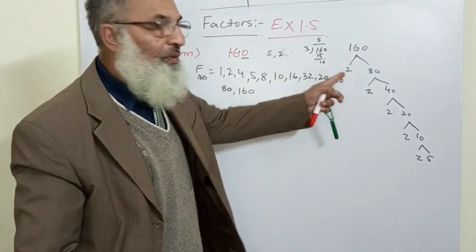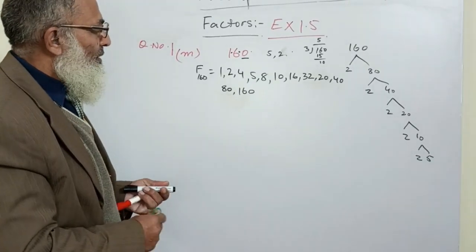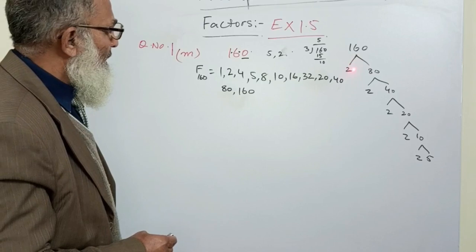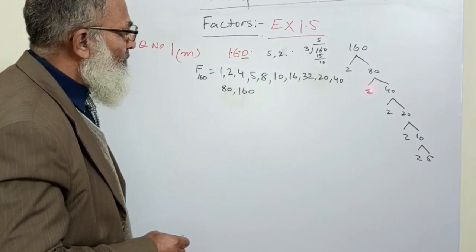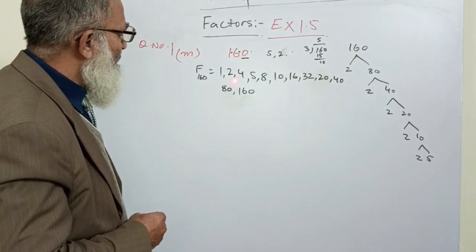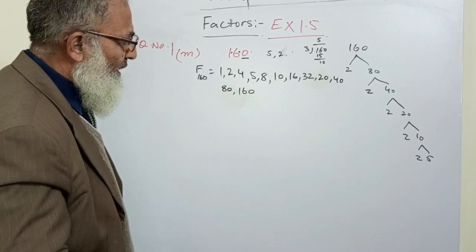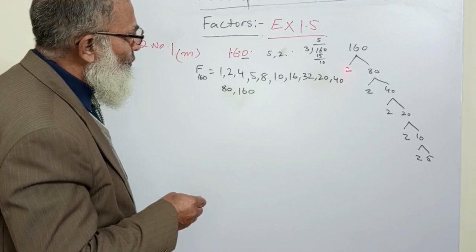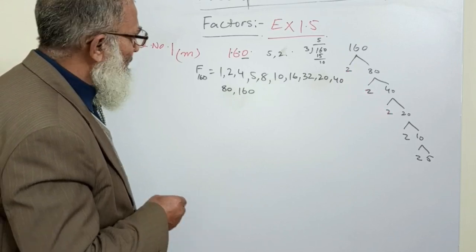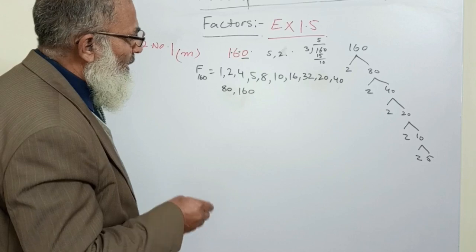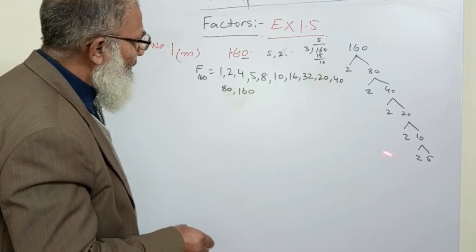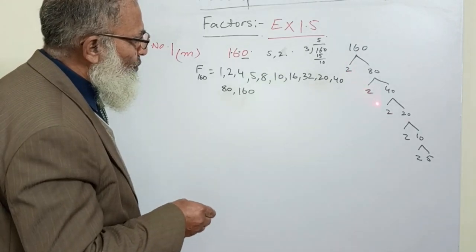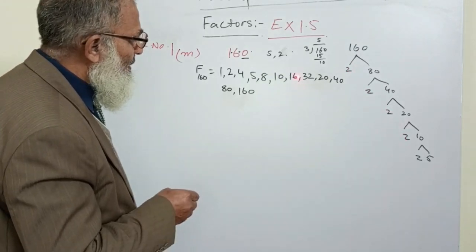Two, you can see over here, 2, and 2 times 2 is 4. We have written it here, and after that 5 is written over here. 2 times 2 times 2 is 8. 2 times 5 is 10. 2 times 2 times 2 times 2 is 16.